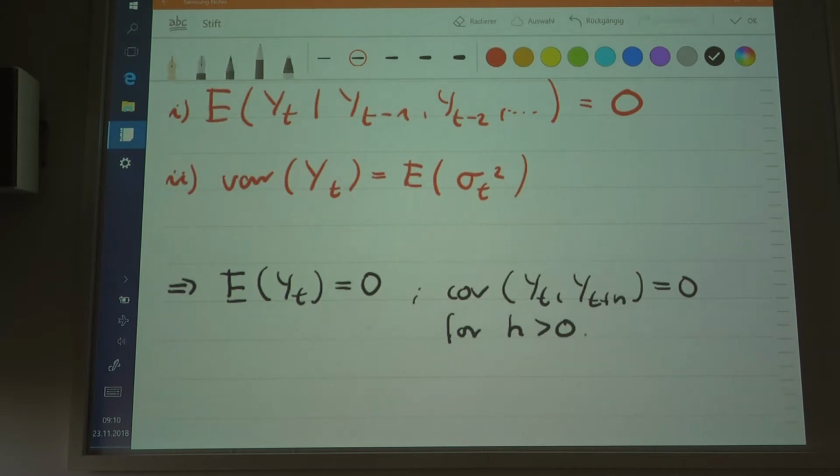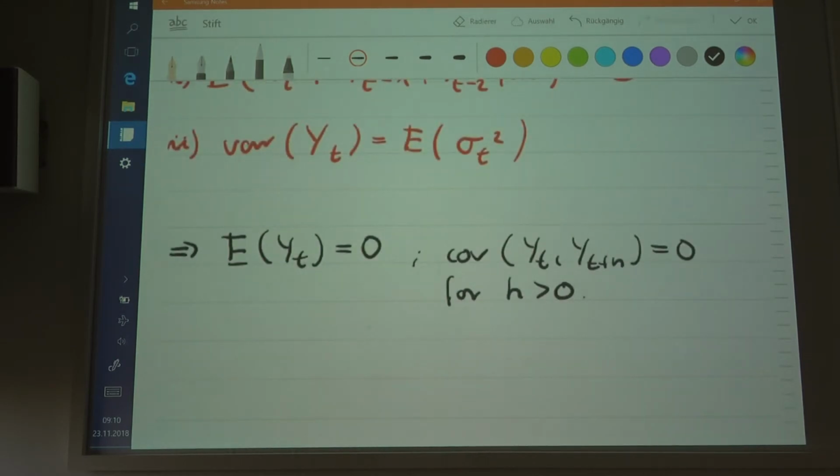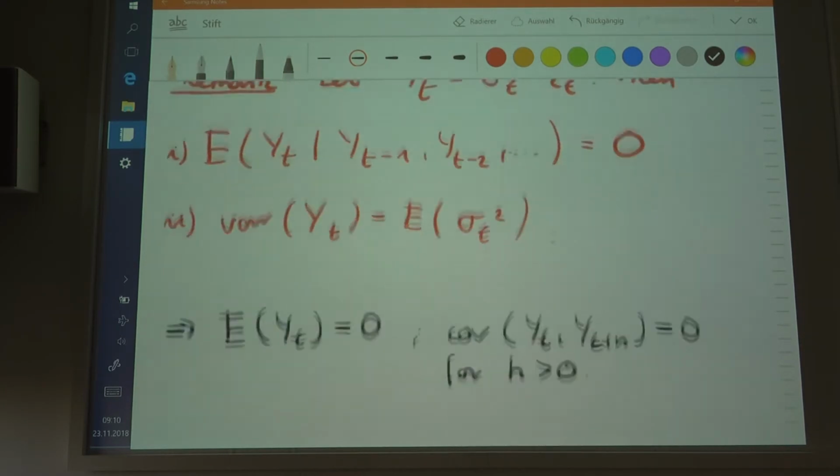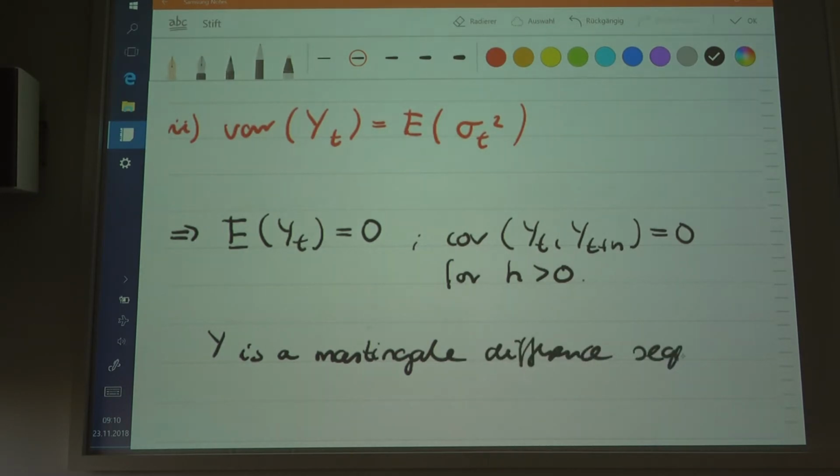What you also have is that this process is a martingale difference sequence. Remember this? So y is a martingale difference sequence. Again, this will also be considered in the exercises.